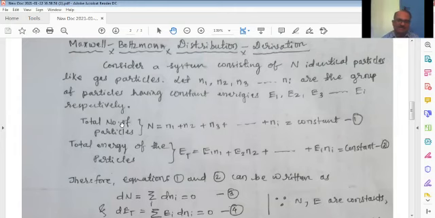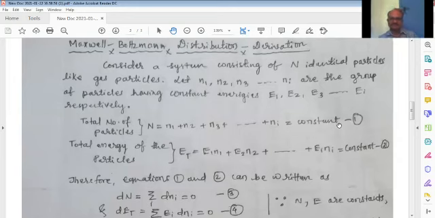Next, the total number of particles is capital N, that is equal to the sum of all these. So it is n1 plus n2 plus n3 plus ... plus ni, and this is equal to a constant. The total number of particles is not going to change. It is a closed system.